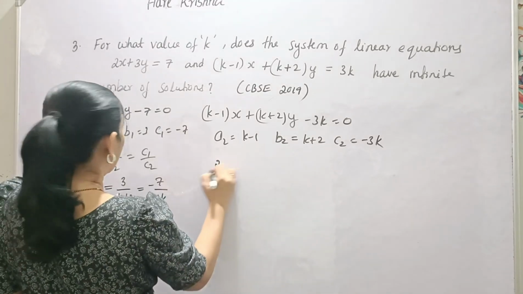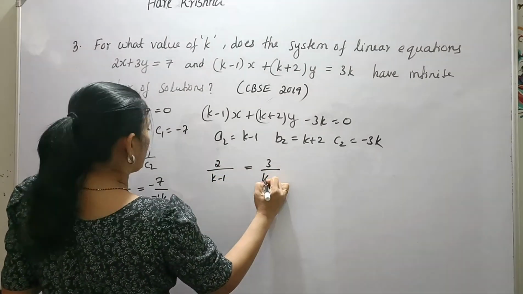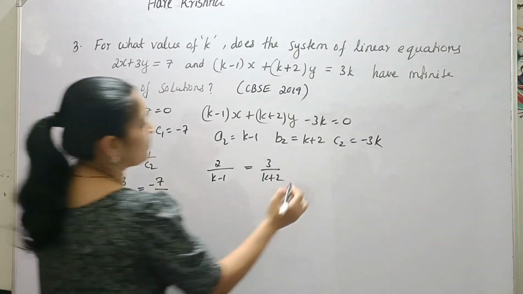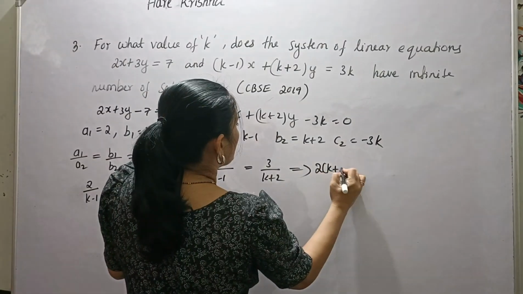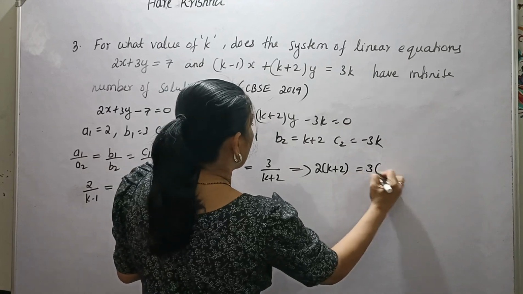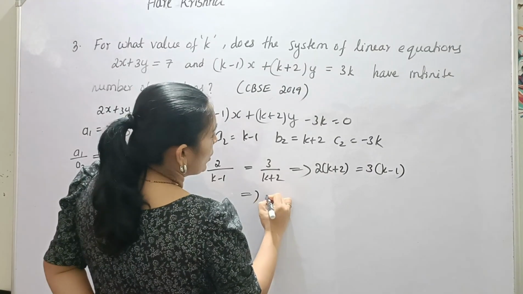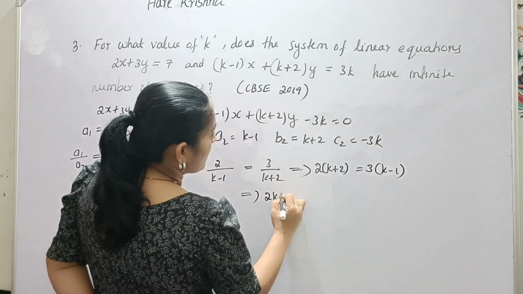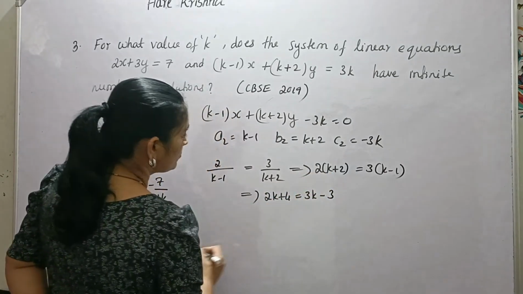That is 2 divided by k minus 1 is equal to 3 divided by k plus 2. Cross multiply to find the solution. 2 into k plus 2 is equal to 3 into k minus 1. That implies 2k plus 4 is equal to 3k minus 3.